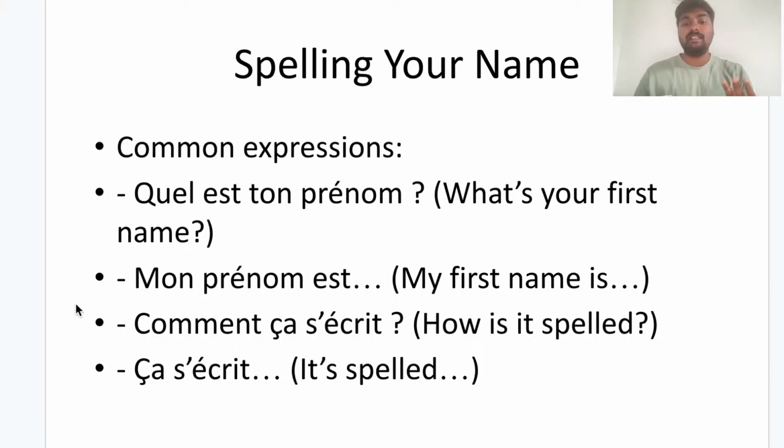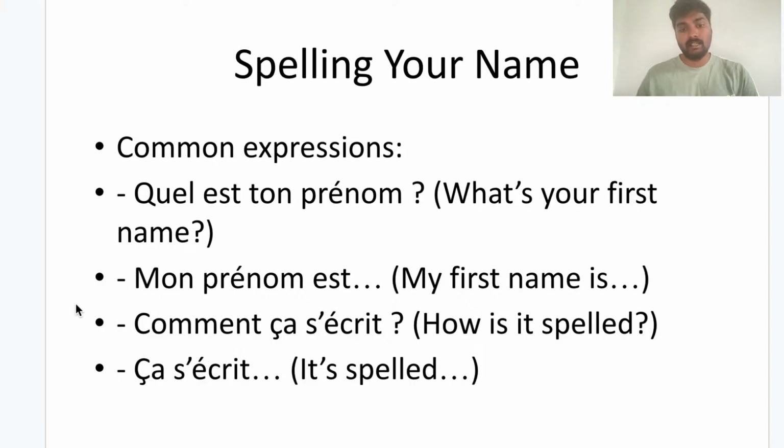And if you want to ask for detail, because let's say you heard somebody's name and you want to write it down, for that you would say, comment ça s'écrit, which means how is it spelled. As I said previously, comment means how, like we use comment ça va, which means how are you. In the same way, comment ça s'écrit, how do you spell it?